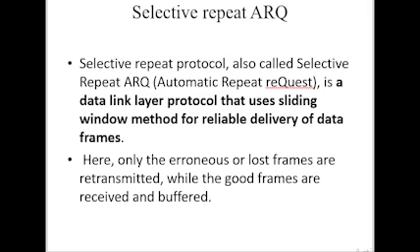Selective Repeat ARQ. The selective repeat protocol, also called selective repeat ARQ, automatic repeat request, is a data link layer protocol that uses a sliding window method for reliable delivery of data frames. Only the erroneous or lost frame is retransmitted, while the good frames are received and buffered.